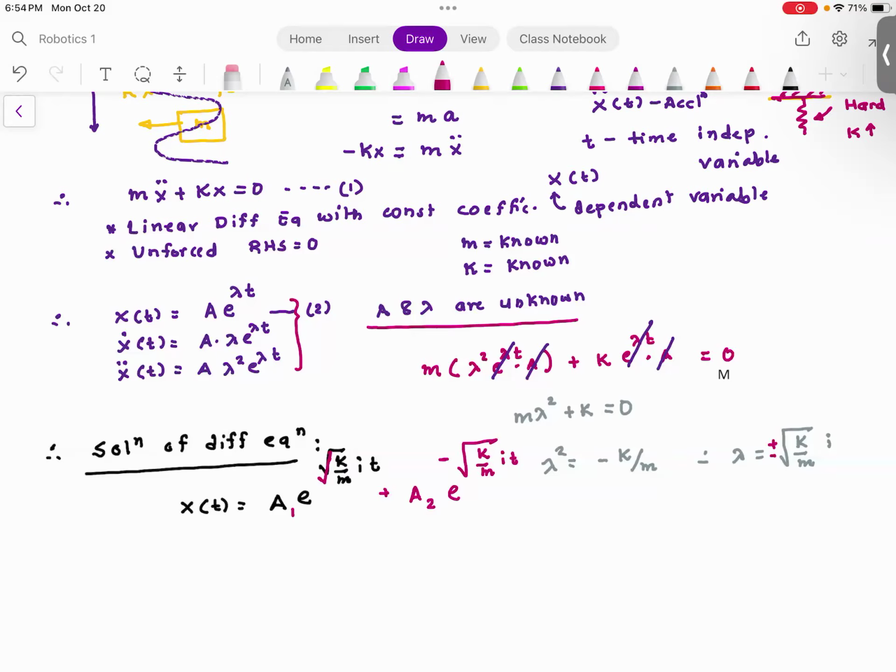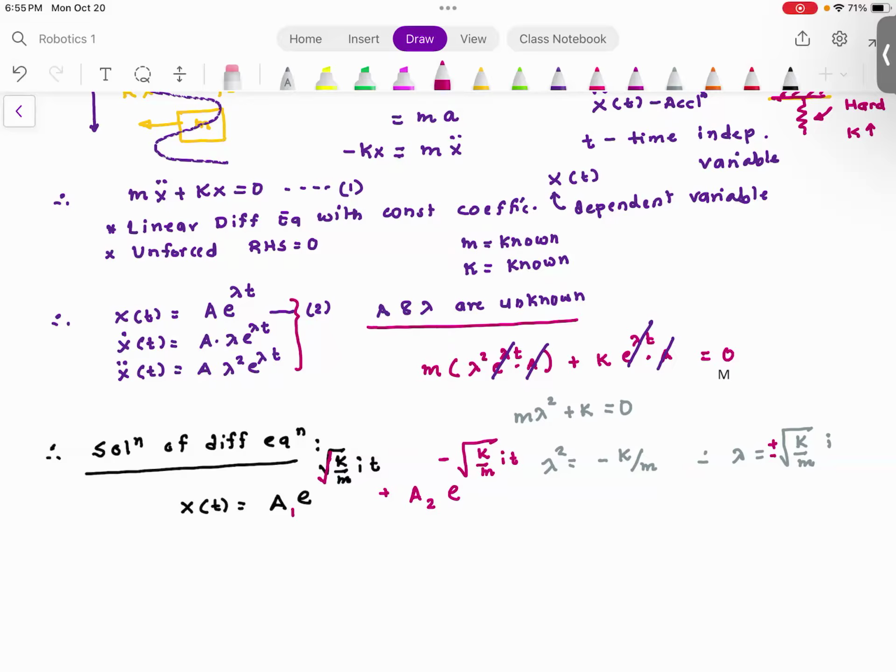The superposition principle in linear systems says that if you have A solution satisfying the equation, and you have B solution satisfying the equation, then the total solution is A solution plus B solution. Everyone understood this? That is called the superposition principle. This is the solution of the linear system. The total solution is the first solution and the second solution. Everyone understood this? That's all you need to remember from your differential equation class.